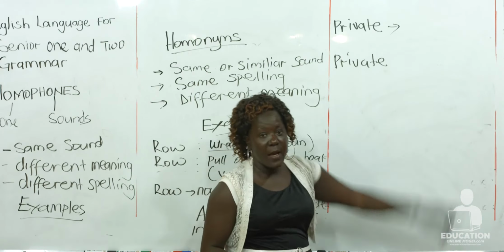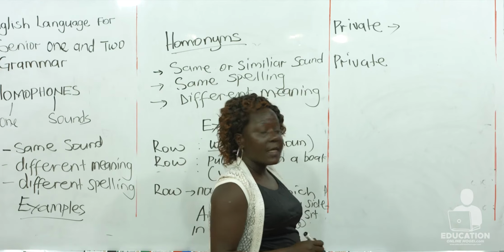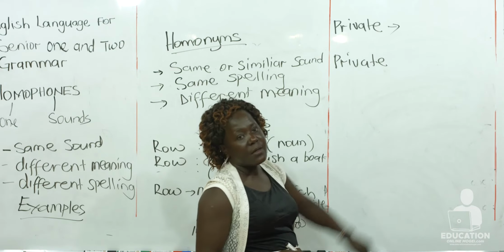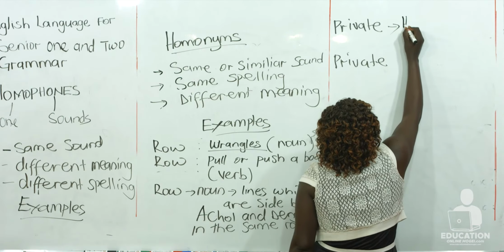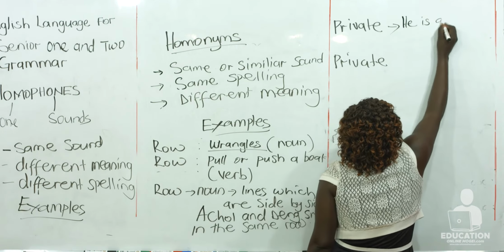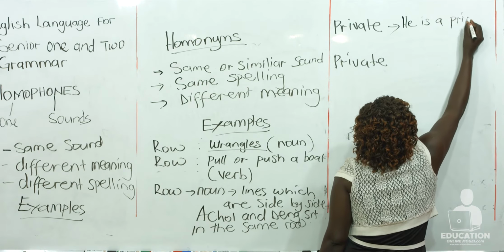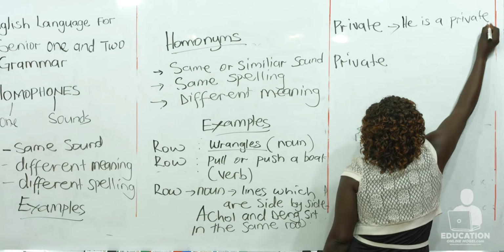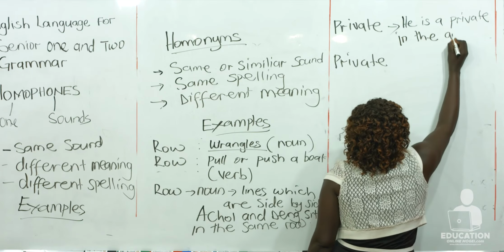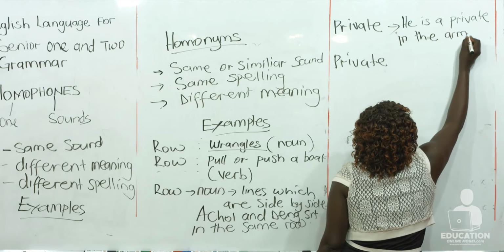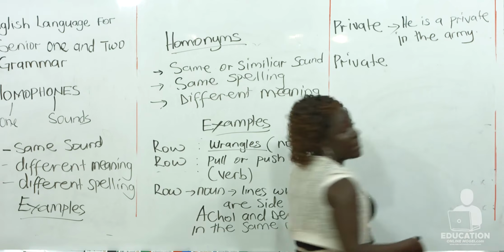You can say, my uncle is a private in the army. He is a private in the army or in the police.